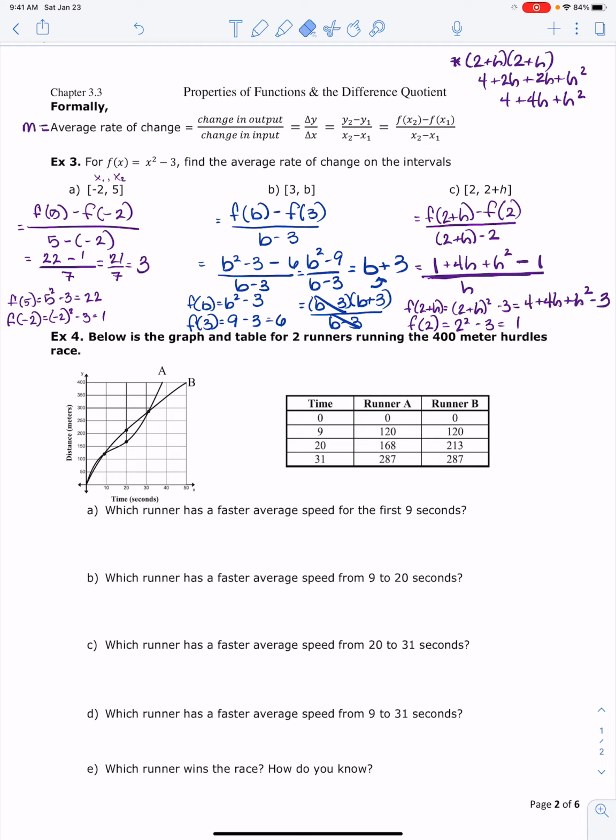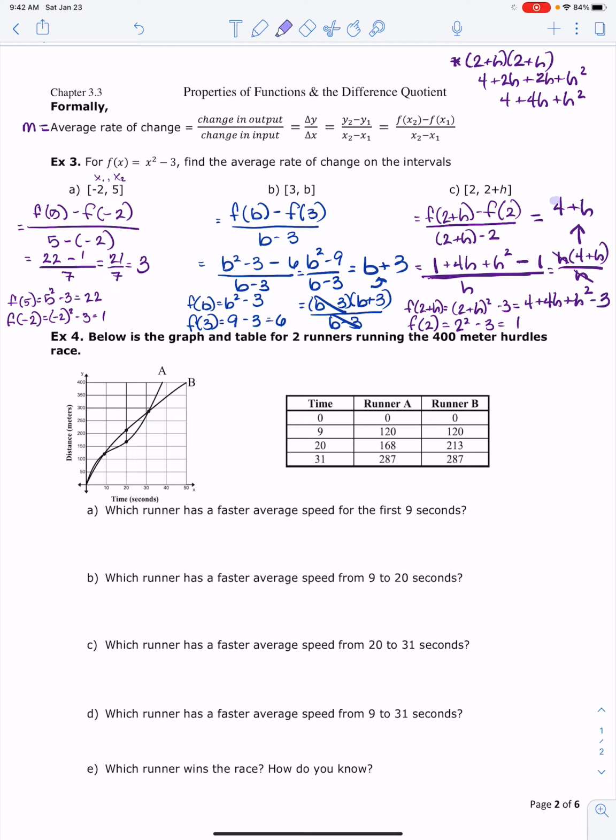Notice here, because I did not plan well, I get 4h plus h squared in the numerator all over h. I've got h times 4 plus h all over h. Again, like we mentioned last section, these h's need to cancel, and we end up with 4 plus h.